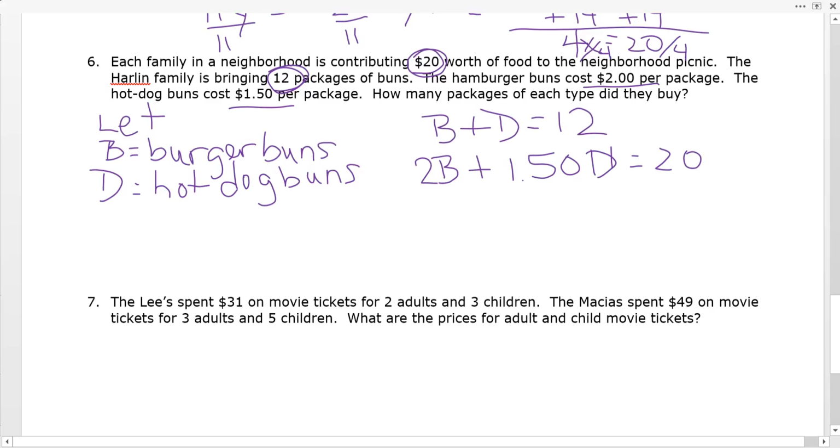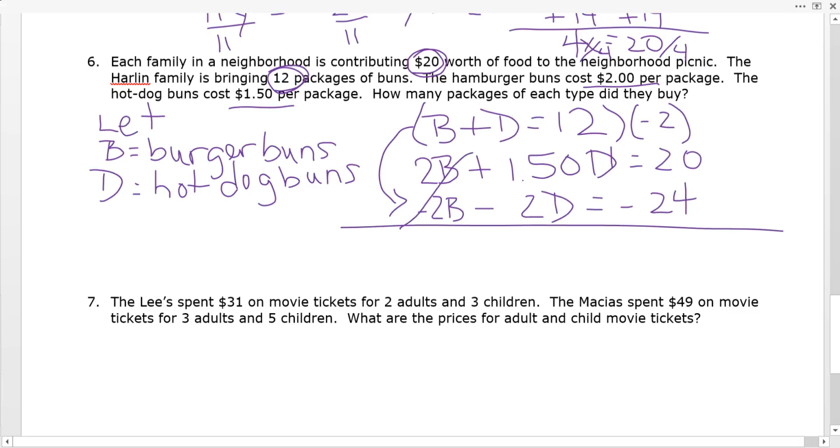So it looks to me like I want to multiply this first one times negative 2, so my burger buns cancel out. So I'm going to rewrite it as minus 2b minus 2d equals negative 24. My burger buns cancel out.